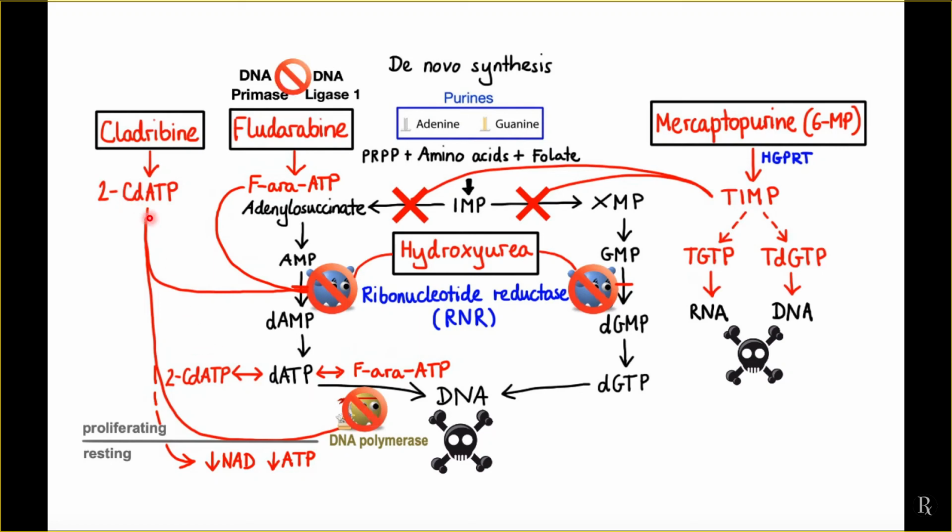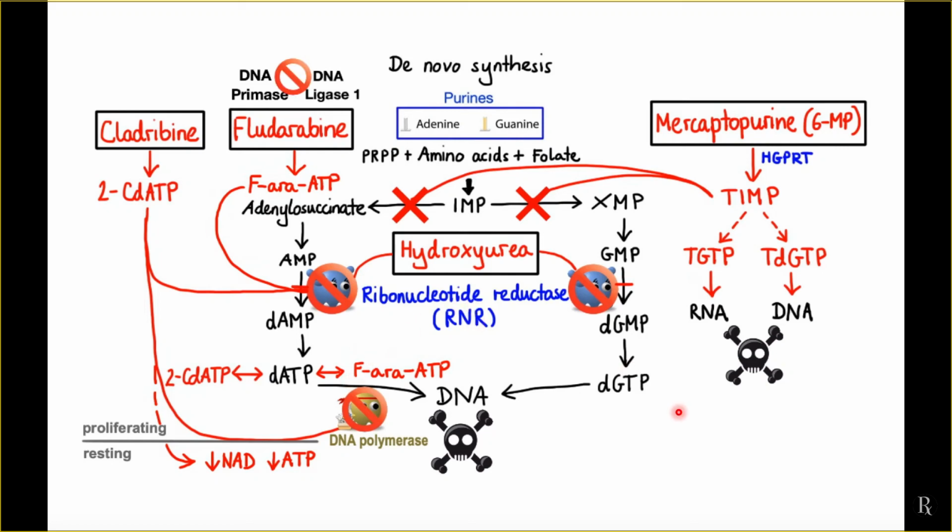Also, cladribine ATP will replace the normal dATP and will stop the production of the DNA. So also it will decrease NAD and ATP as well. That will also result in the DNA production decrease.